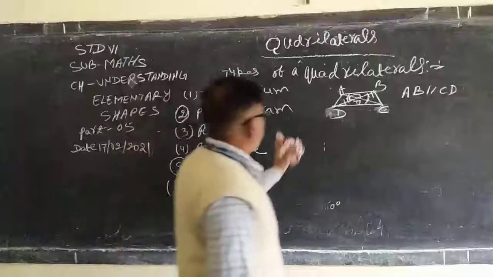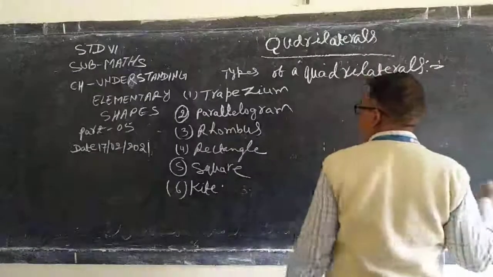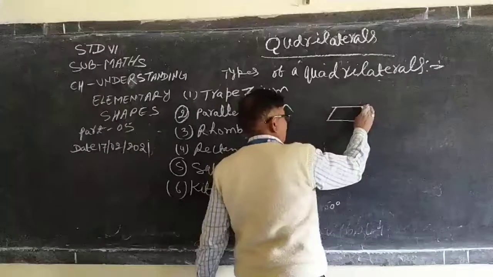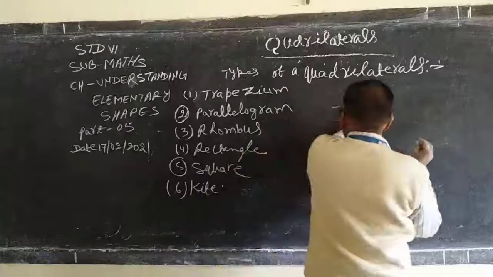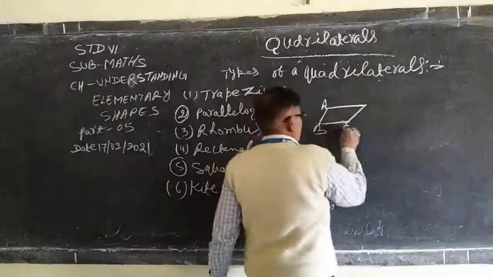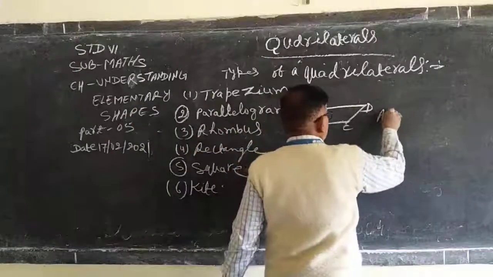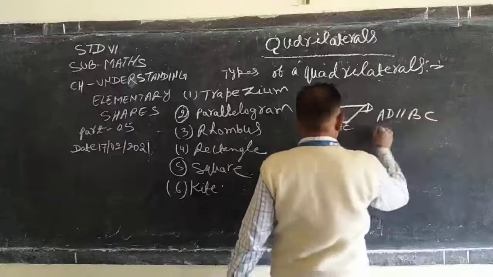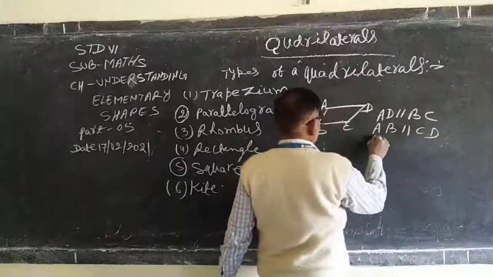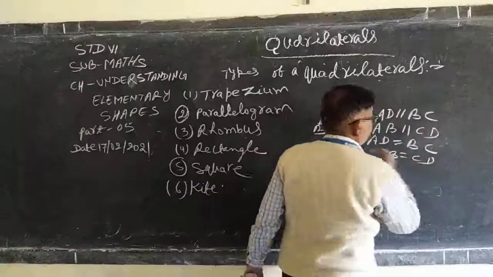Parallelogram. What is a parallelogram? In this one, pairs of sides are parallel. ABCD is a parallelogram in which AB is parallel to CD, AD is parallel to BC, AD is equal to BC, AB is equal to CD.